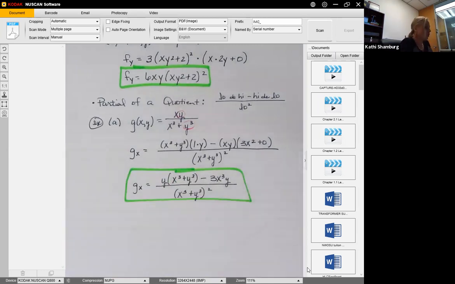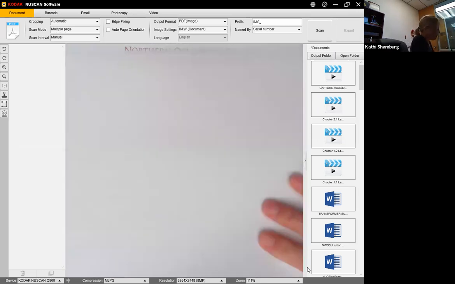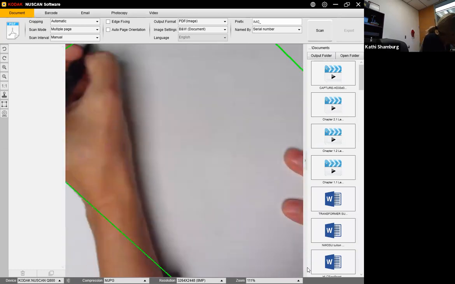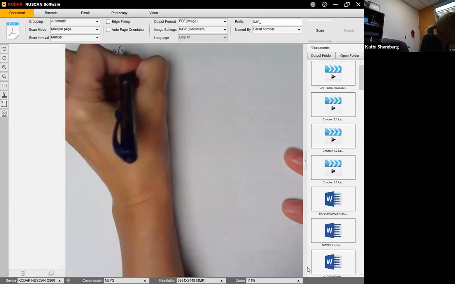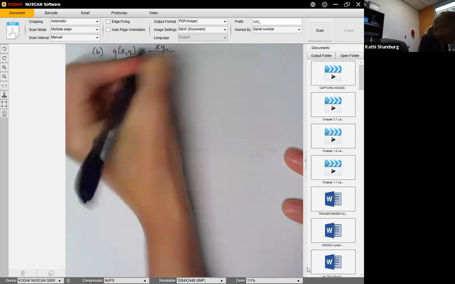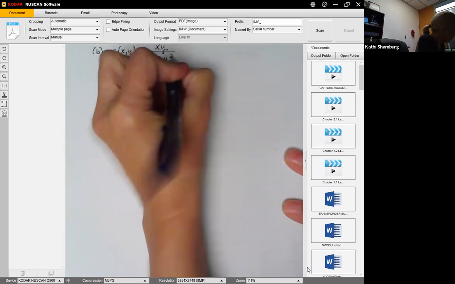Now, we're going to do that same function, but now with respect to y. And I'm going to have to get another piece of paper because I don't think I can get it at the bottom of that. So this is part B. The original function was xy over x cubed plus y cubed.